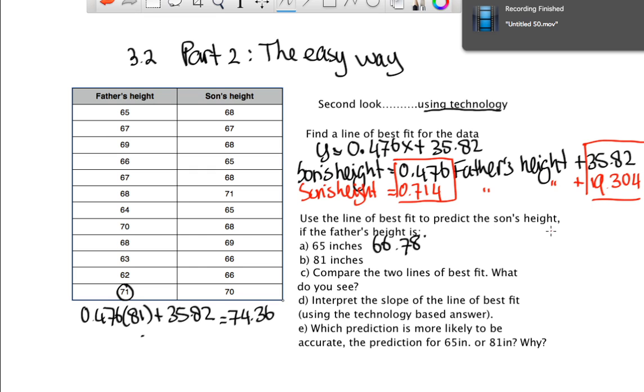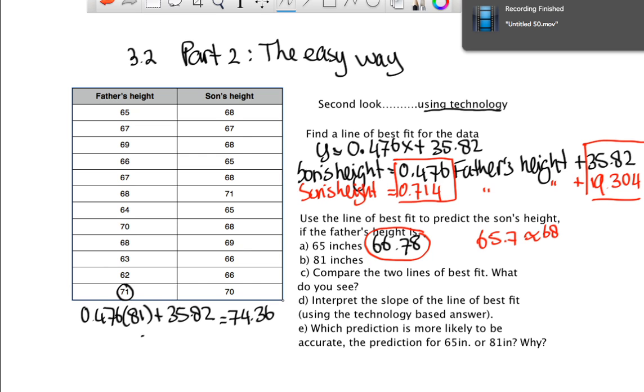So in this case, actually, both of these are different. Looking at the predictions a little bit, so 65, we get 66.78, which is really close here. And on the first try, when we predicted it, we ended up with 65.7. And comparing that to 68, you can see it's a bigger error. So most of the time, the line you find is not going to be the right line.